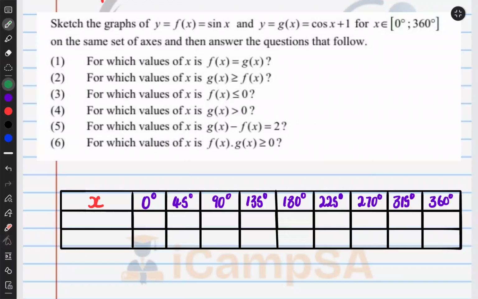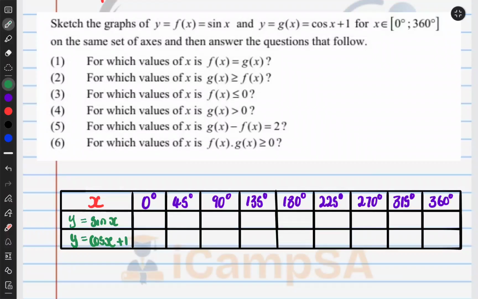It's y is equal to sine x, just a basic sine graph, and then the second one, y is equal to cos x plus 1. Let's find corresponding values.